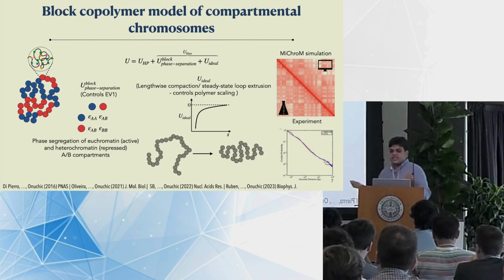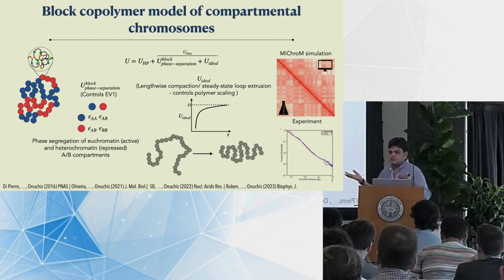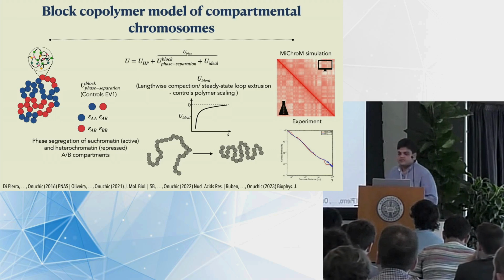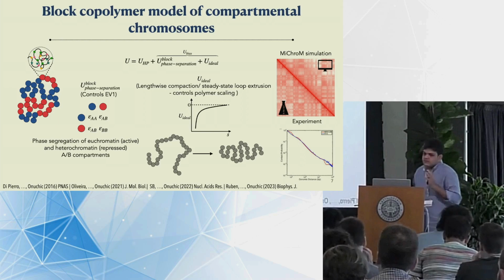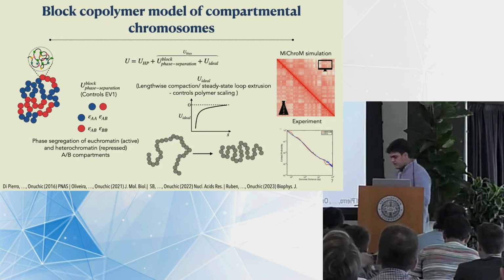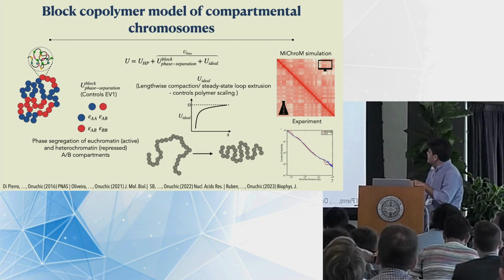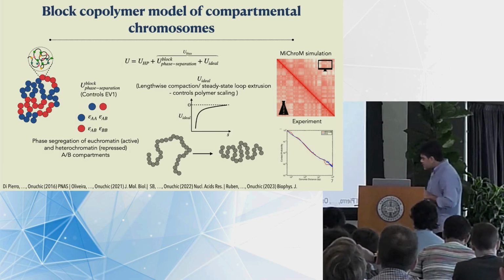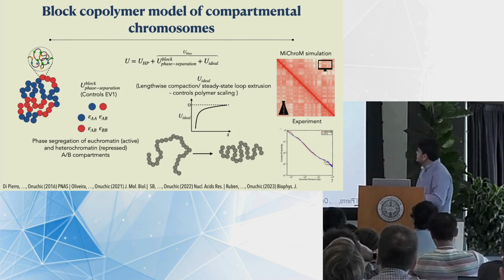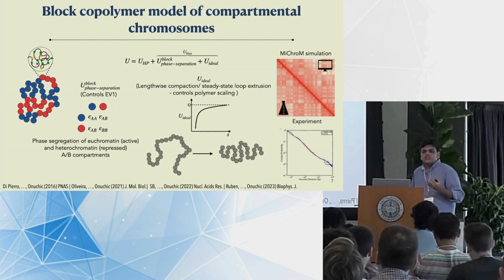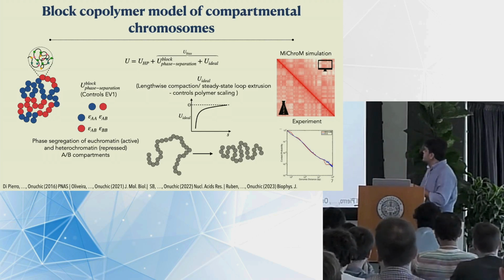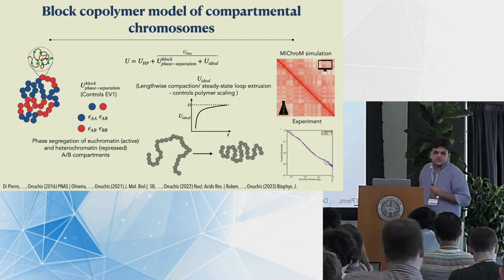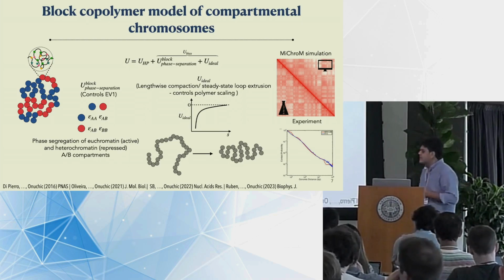If you take a polymer and simulate it under some potential, it should represent the structures that we see from Hi-C maps. It turns out that the functional form of this potential can be divided into physics-based categories. One is a homopolymer term, which is basically the fact that the chromosome is a polymer, so it has nearest neighbor connections and all these things. We will look into the details of these potentials in a minute.